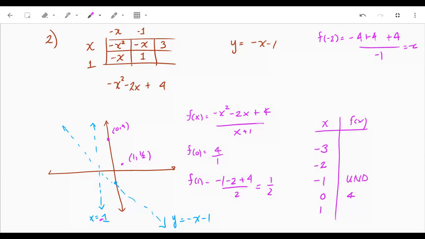Okay, so negative 2, negative 4. And then my last one, I'll do f of negative 3. So that would be negative 9 plus 6 plus 4 over negative 3 plus 1, so negative 2. So negative 9 plus 7 would be negative 2 over negative 2, which is, well, I messed up somewhere, didn't I?